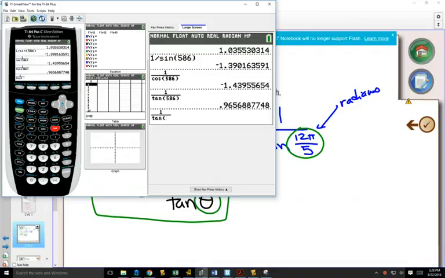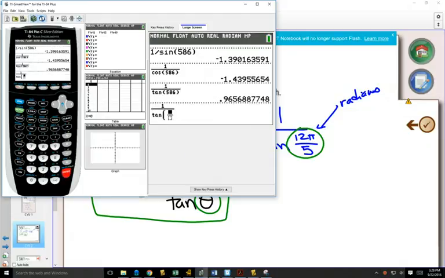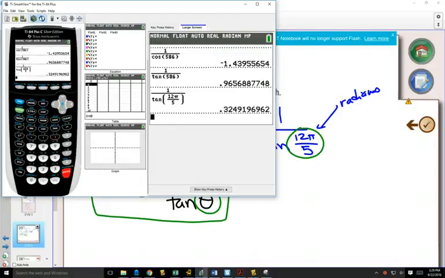We want to write 12 pi over 5. I want to use that fraction button again. I can. 12 pi, and there's the value. And if we want to write it to the nearest hundredth, it's 0.32.